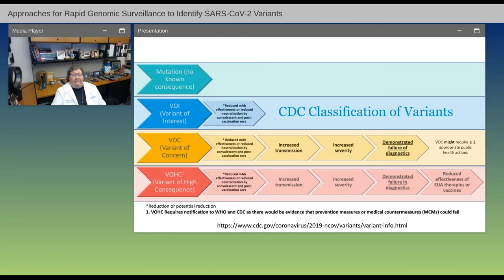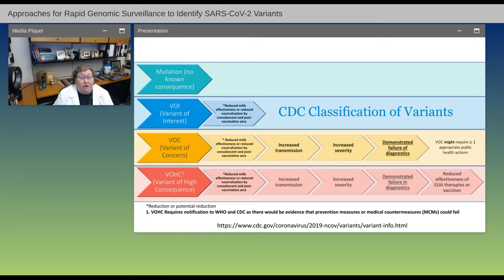CDC classifies the variants and the mutations into 3 major categories. We've talked about all the mutations, thousands of them that have no known consequence, and we won't belabor that any further. But there is a variant of interest, a variant of concern, and a variant of high consequence. All three of the variant categories show reduced effectiveness to the monoclonal antibody combinations for therapy and the convalescent and post-vaccination sera.